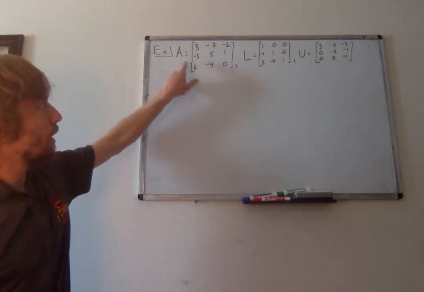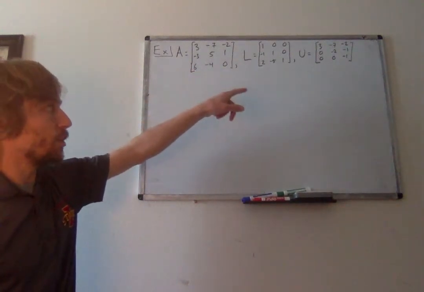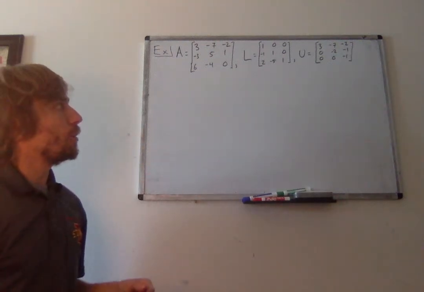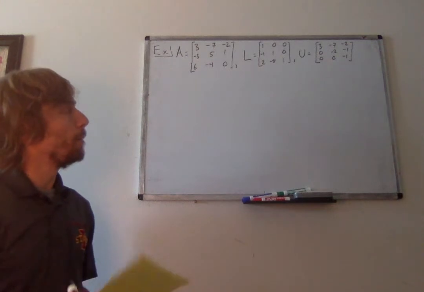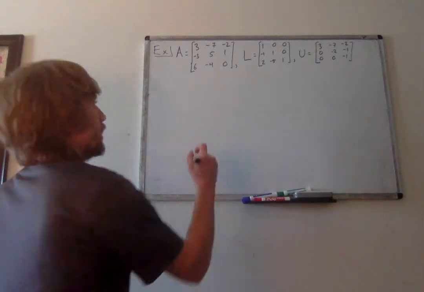It wouldn't be terribly hard to verify that U is an echelon form of A. I think you could do that with at most 3 row operations. Yeah, so we can quickly do that.